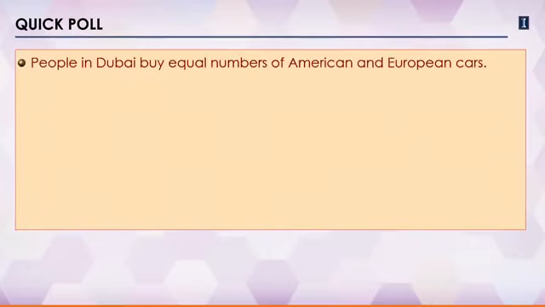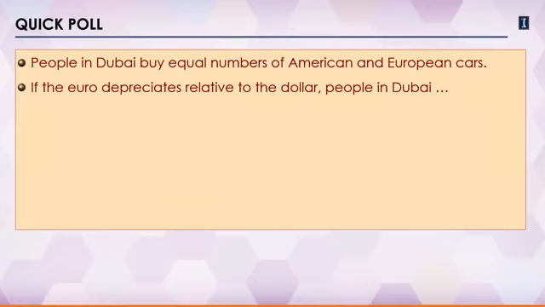To see that, let's look at this question. This is a quick poll. I want you to think about this. People in Dubai buy equal numbers of American and European cars, and suddenly the euro depreciates relative to the dollar.